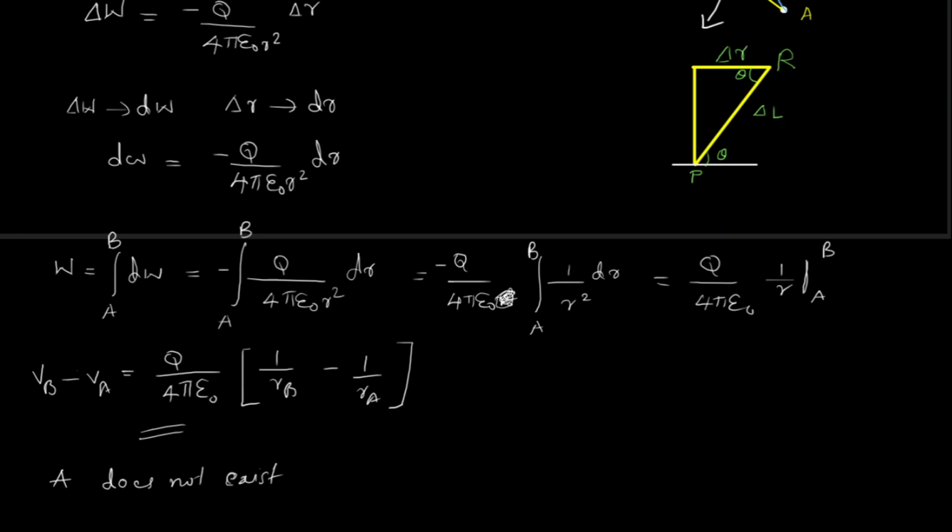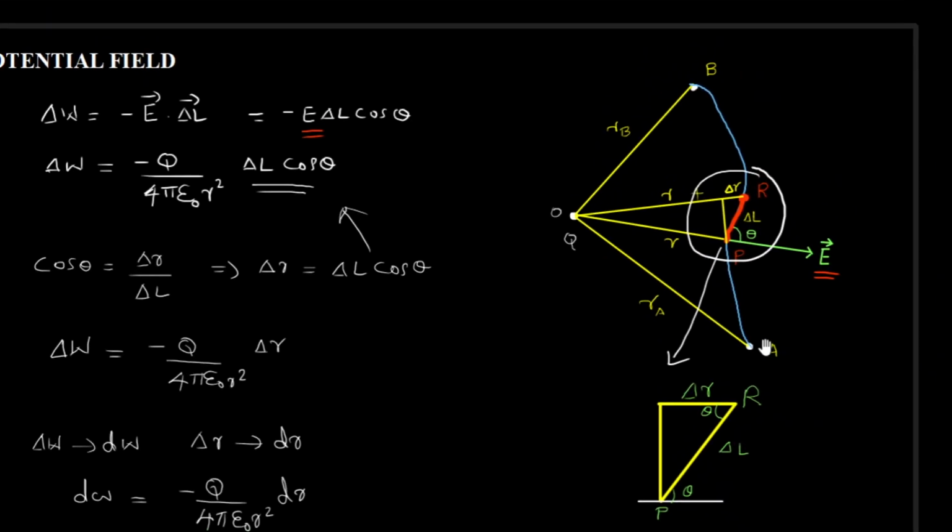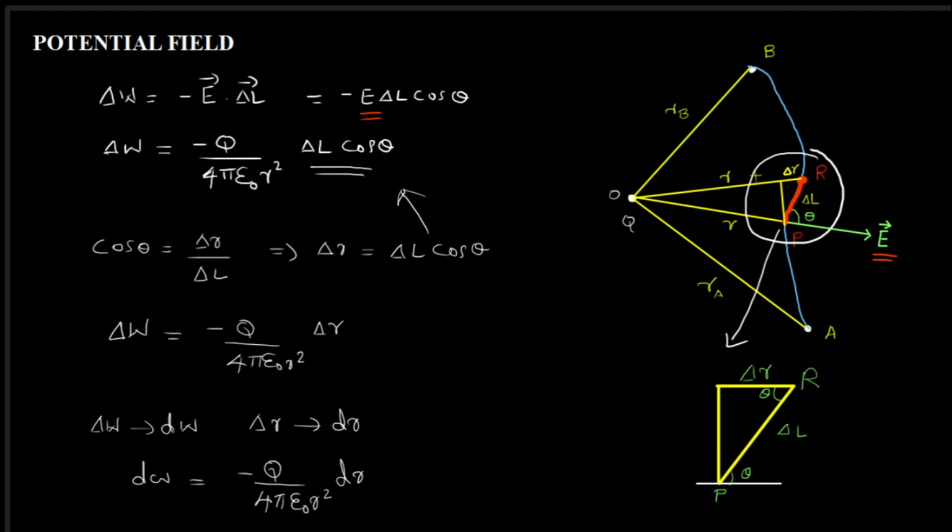Now what does that mean? If you are confused, see here, this point A doesn't exist at all. I have only B. If I have only B, then this path doesn't exist, right? So from Q I will have RB, or this RB can be termed as R. So I need to find what is the potential at B only, due to a charge which I am moving from infinity to that point.